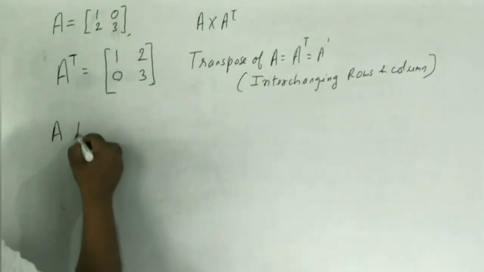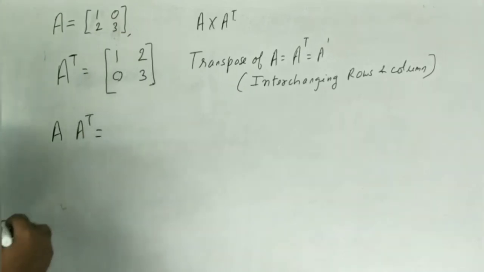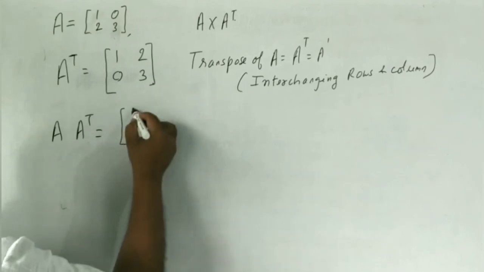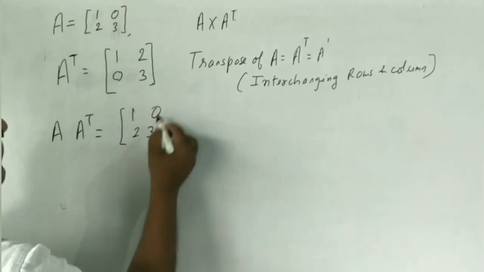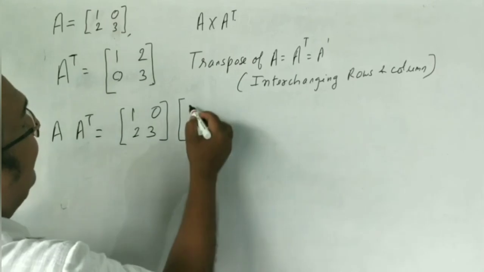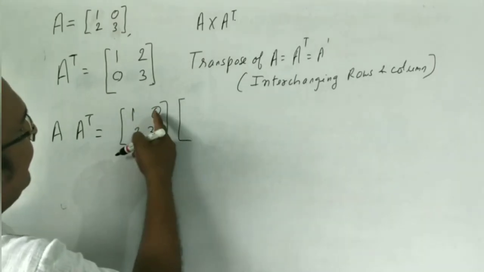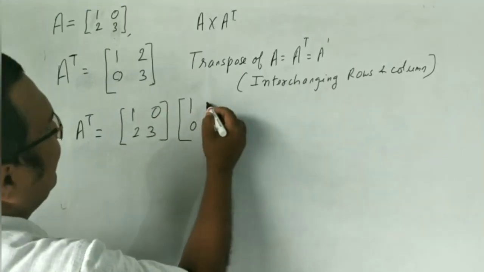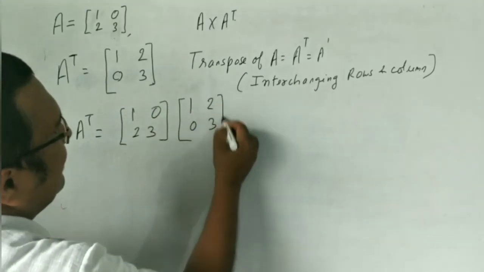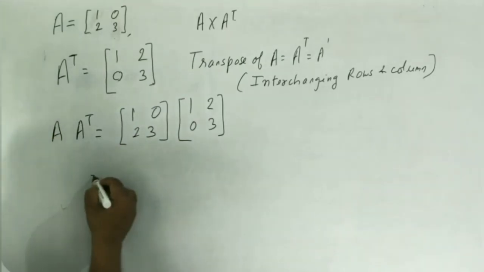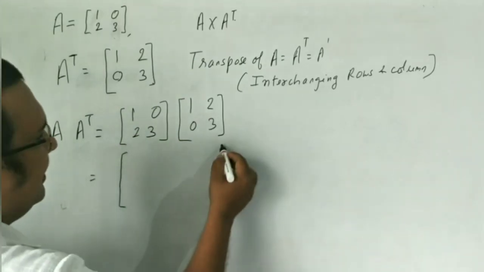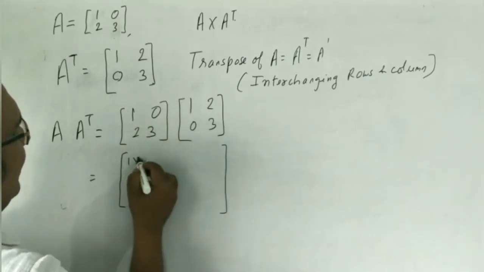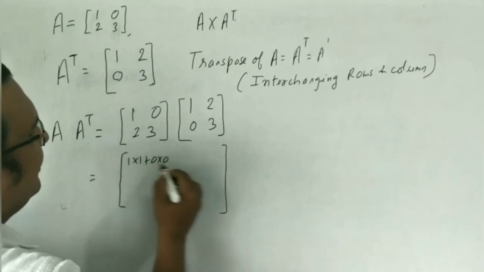Now when we multiply A into A transpose, we get 1, 0, 2, 3. And once again I am telling you, transpose means first row will become first column, or first column will become first row. In multiplication, the order will be the same, 2 by 2. So first row, first column, 1 into 1 plus 0 into 0.